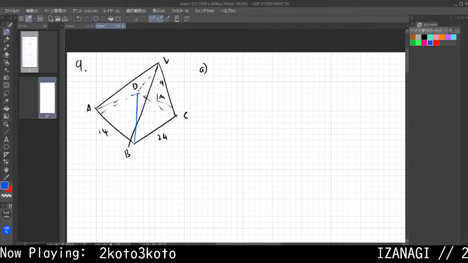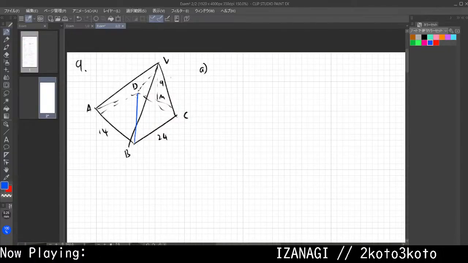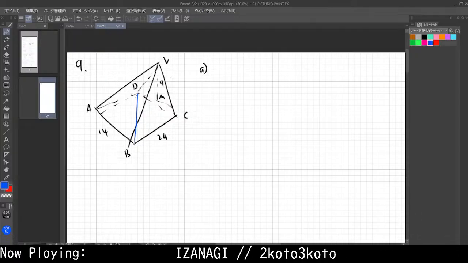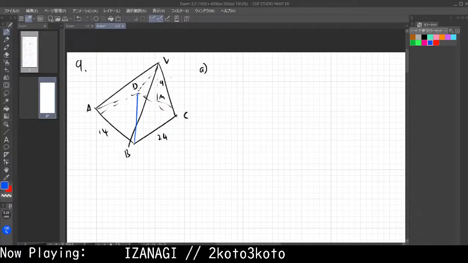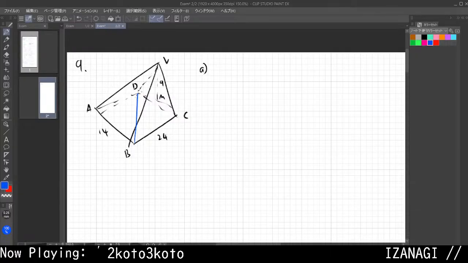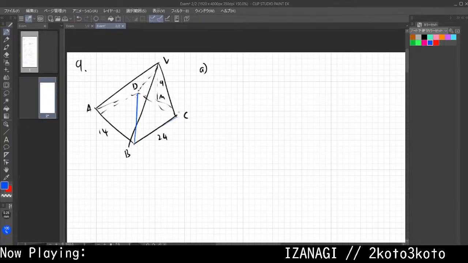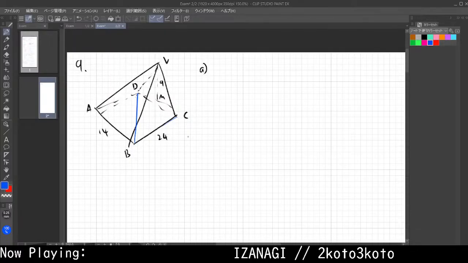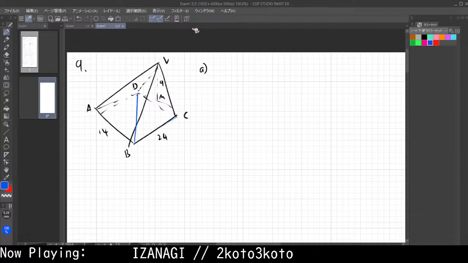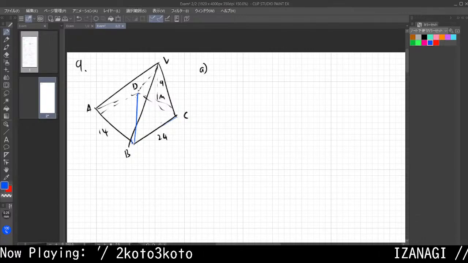Although if I look at VB and BC itself, it might look like a right angle triangle, but from the 3D point of view, it's not a right angle at all. Therefore, we reject this condition. If we use BC, BC is inherently a slanted line. Therefore, you cannot use it as the angle.